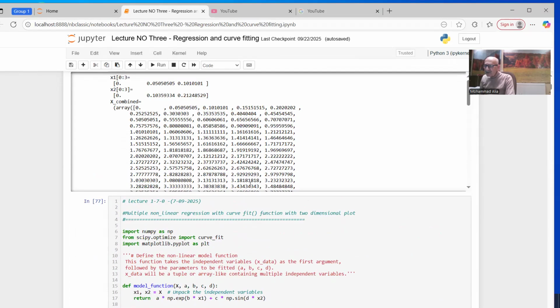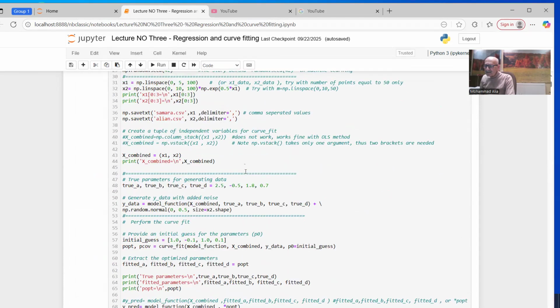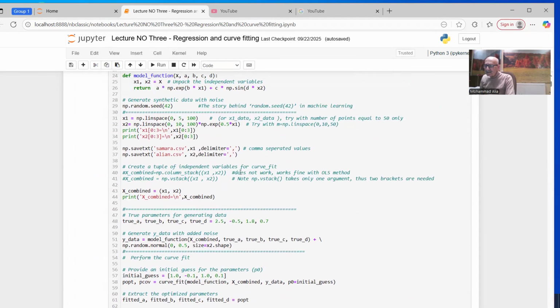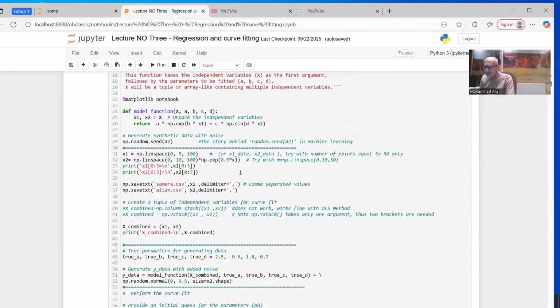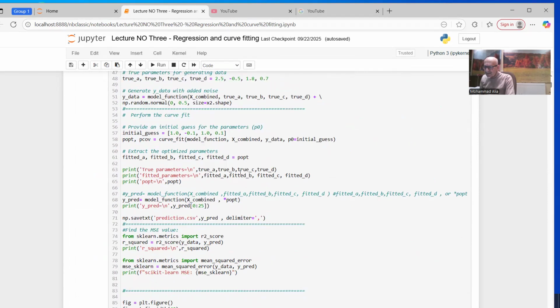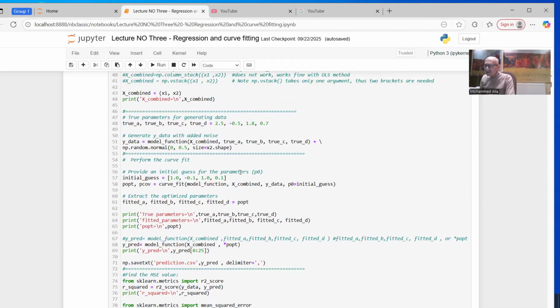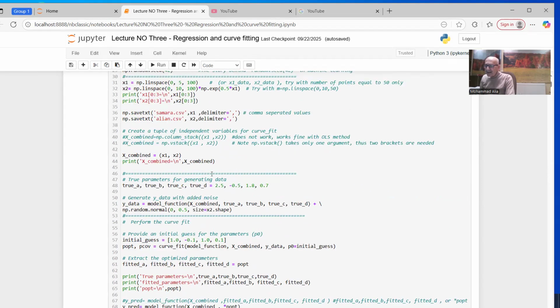One of these examples is the one which I will show you now, where I saved the X and Y arrays as CSV files.